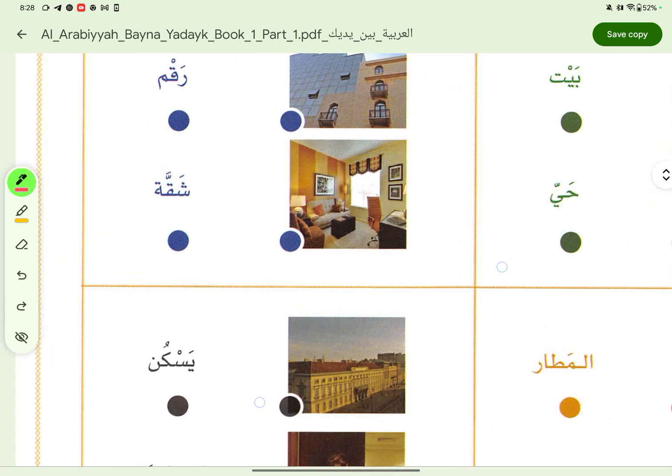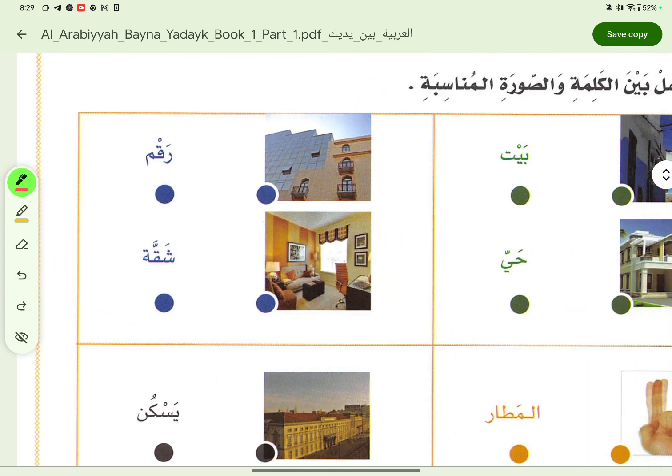Jazakallah khair. Yes, that is a mistake in the book here. The homework here says Raqm and then it says Shaqqa.